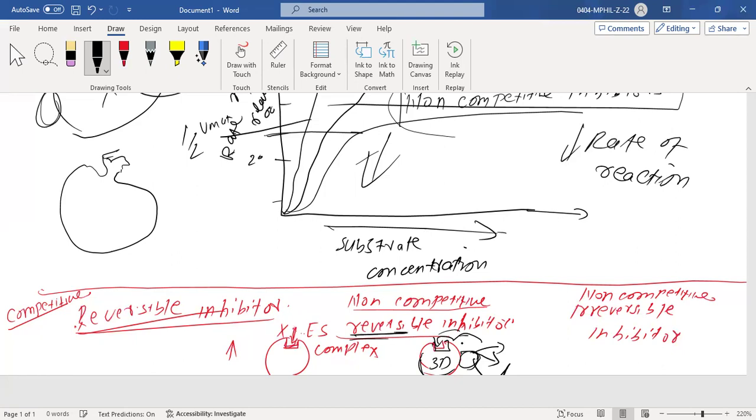The inhibitor can be removed because there are just hydrogen bonds, and those can easily be broken down by increasing the concentration of enzyme or substrate.